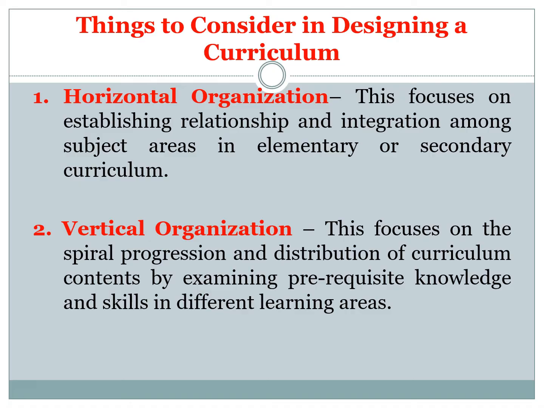Students, it's not good to jump from certain competencies without acquiring or possessing first the expected prerequisite knowledge, skills, or competencies. And that is what we call vertical organization. As I said, spiral progression, guys, from simple to complex.